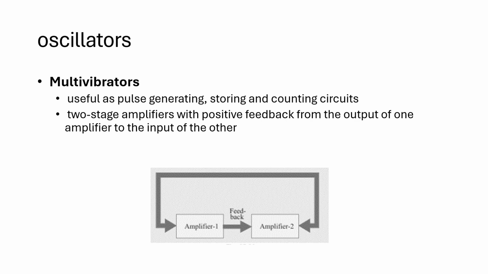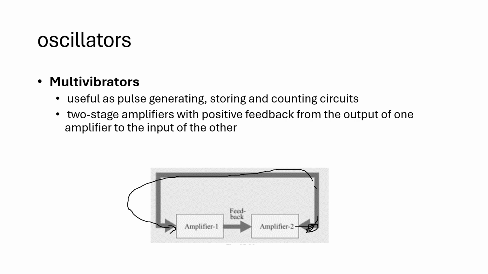I think the arrow here is somewhat off, so it should be the output from this one is the input for the first amplifier. So this is a two-stage amplifier with positive feedback from the output of one amplifier to the input of the other. The output of the second amplifier serves as the input of your first amplifier, and the output of your first amplifier serves as the input of your second amplifier.